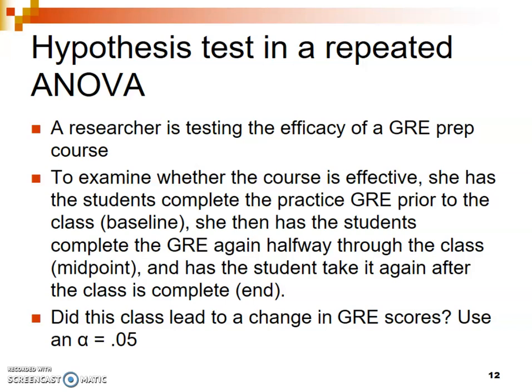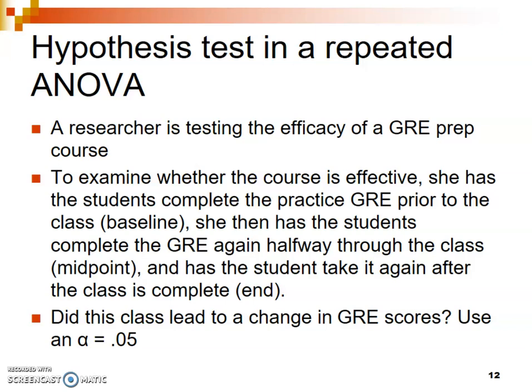To examine whether or not this prep class is effective, the researcher has students complete the practice GRE before starting the class. That would be their baseline measurement. And then after getting halfway through the class, she again has them complete a practice GRE. So this would be the GRE measurement at the midpoint of the class.